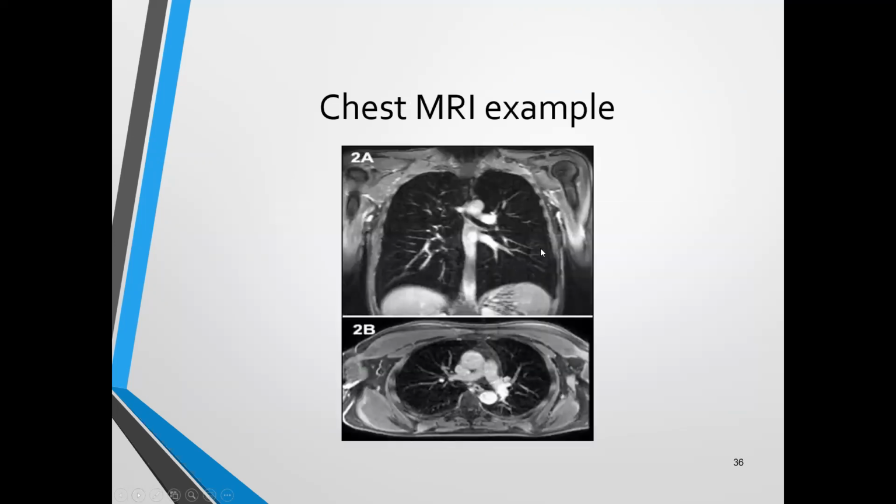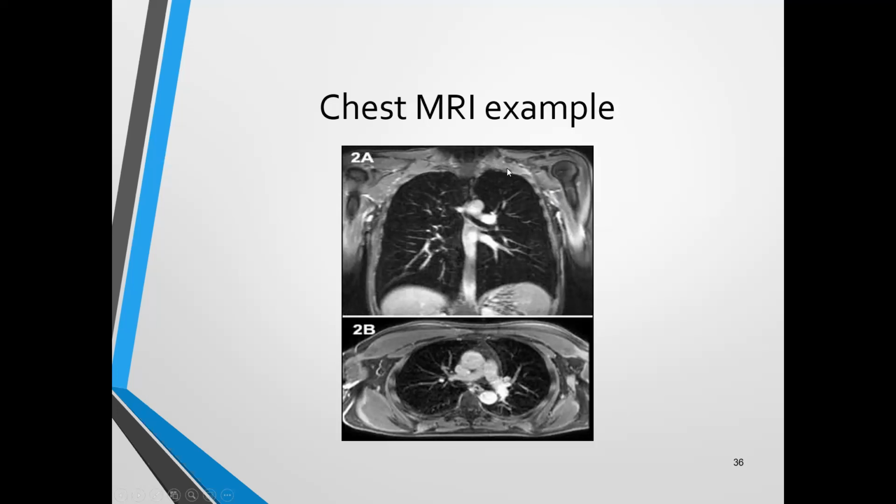So the MRI example, to give you an idea there, even when you look for a second outside the lung, look at this dome of the diaphragm, how much better you can actually see it. You can see the humerus in the shoulder here.